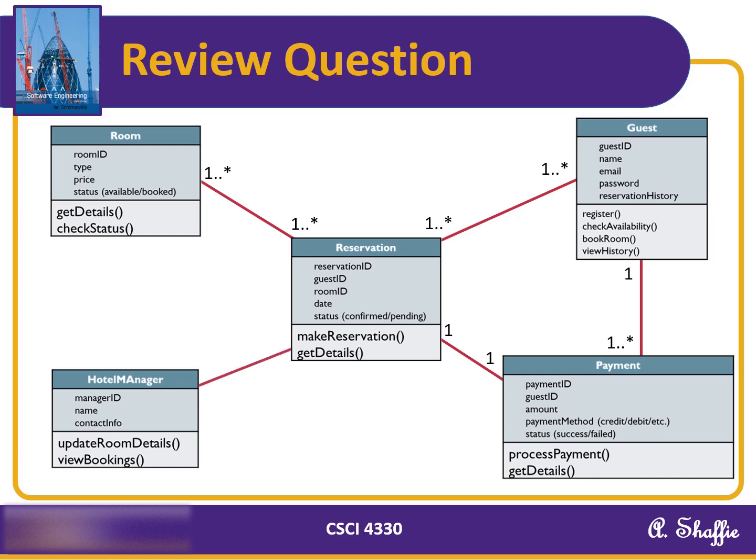Lastly, the link between the hotel manager and the reservation. I assume that not all reservations require direct managerial oversight, as many are handled through automated systems or centralized booking service. This is why I assume zero or many.